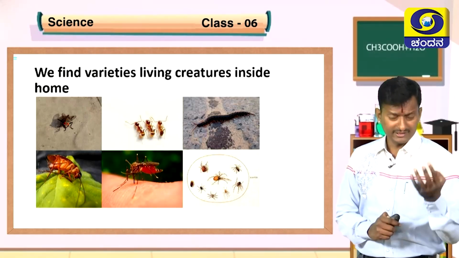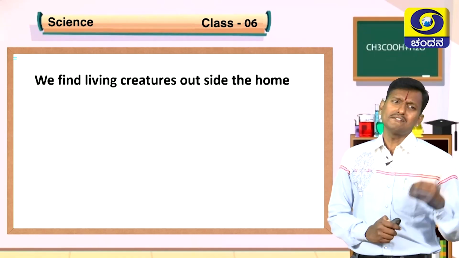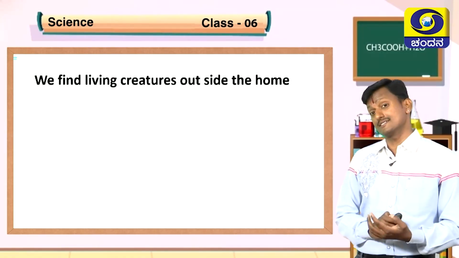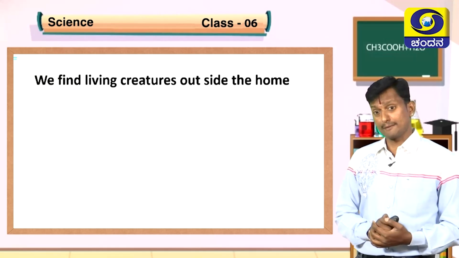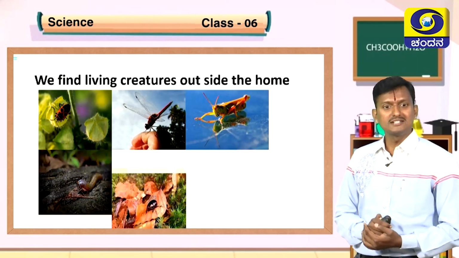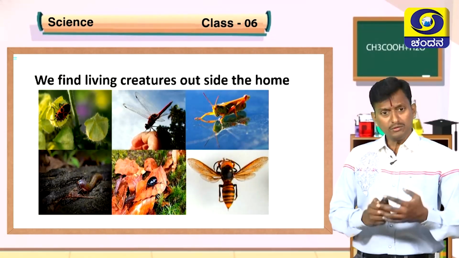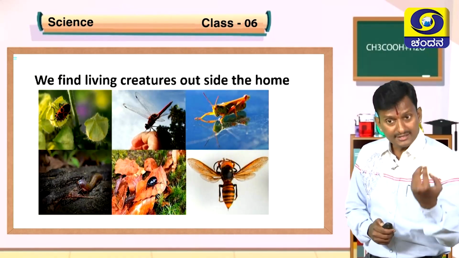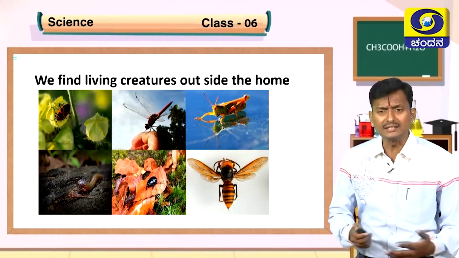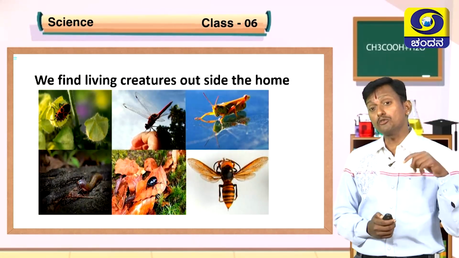And also, we find living creatures outside the home. For example, some beetles, dragonflies, crickets, millipedes, some varieties of insects, honeybees, etc. So, not only this, we find many different varieties of living creatures outside the home.